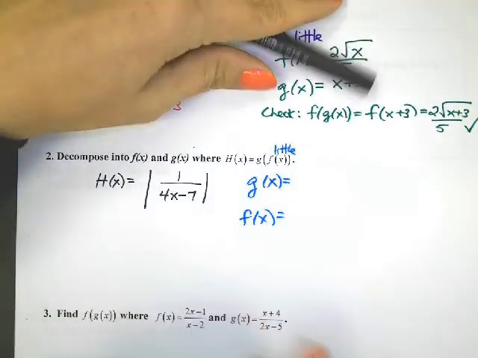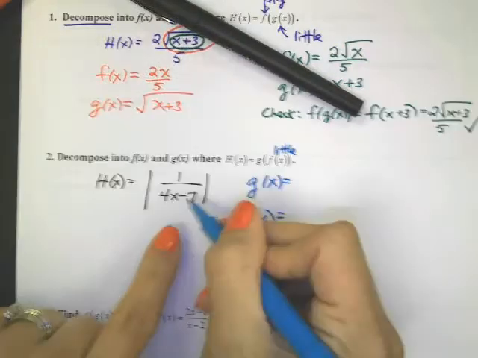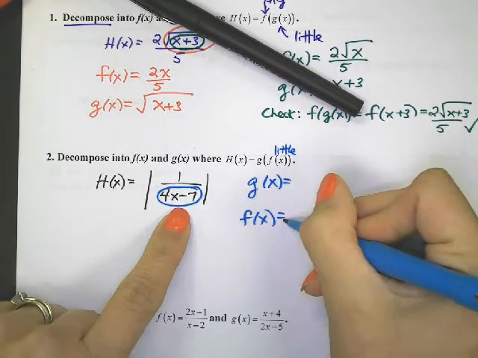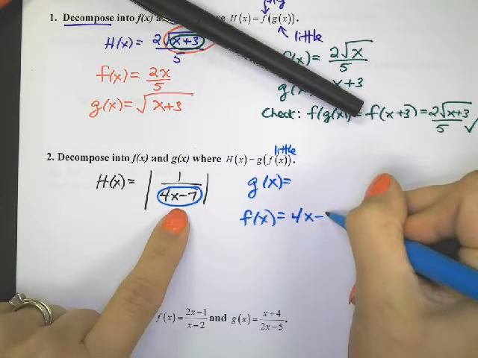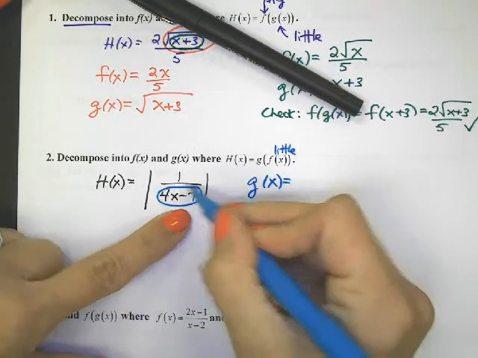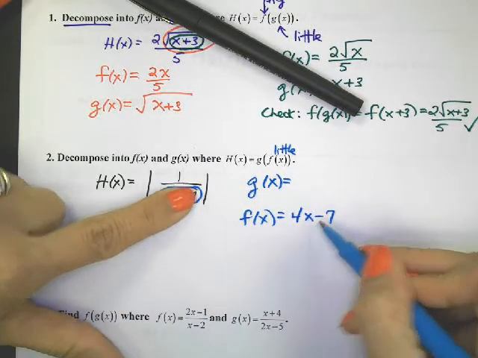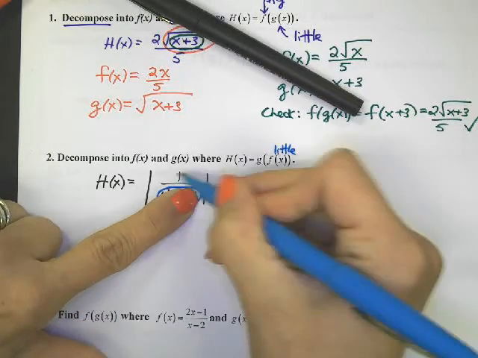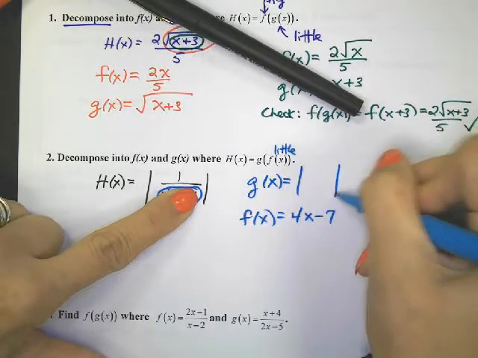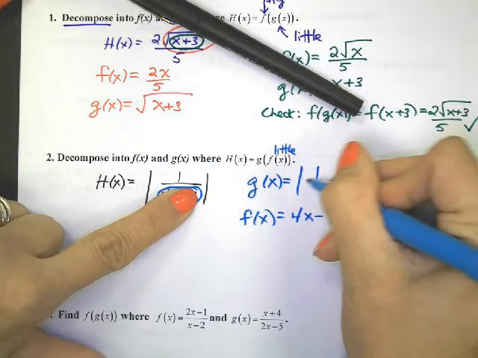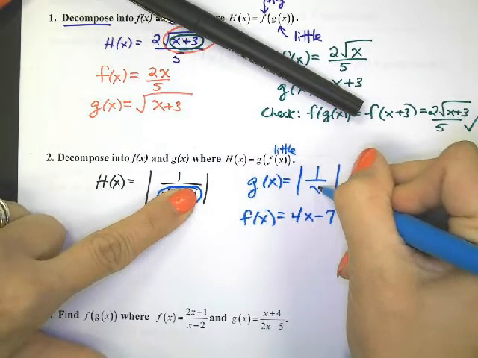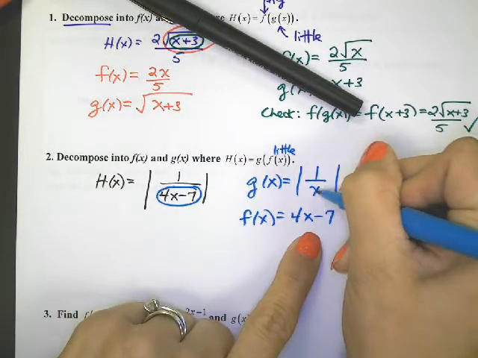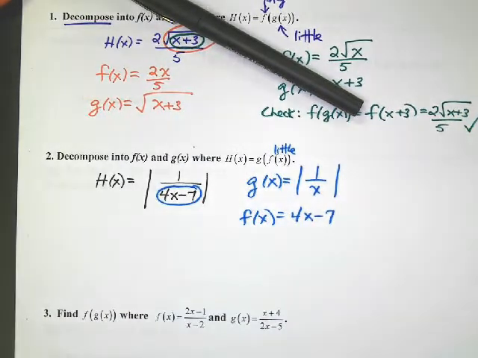So look at the problem, and you have to grab all the x's. I'm going to grab this whole quantity here. I'm going to say that f is the quantity 4x minus 7. So whatever you take out as the little guy, you're going to call x in the big guy. So what's left? G has to absolute value, and he has to say 1 over input. And you say x is the input. If this quantity goes into the big G right there, I think that would work.